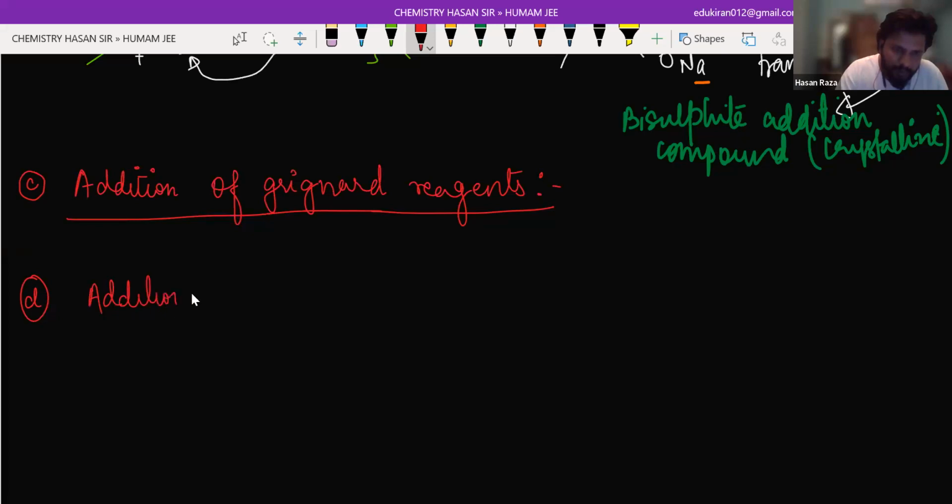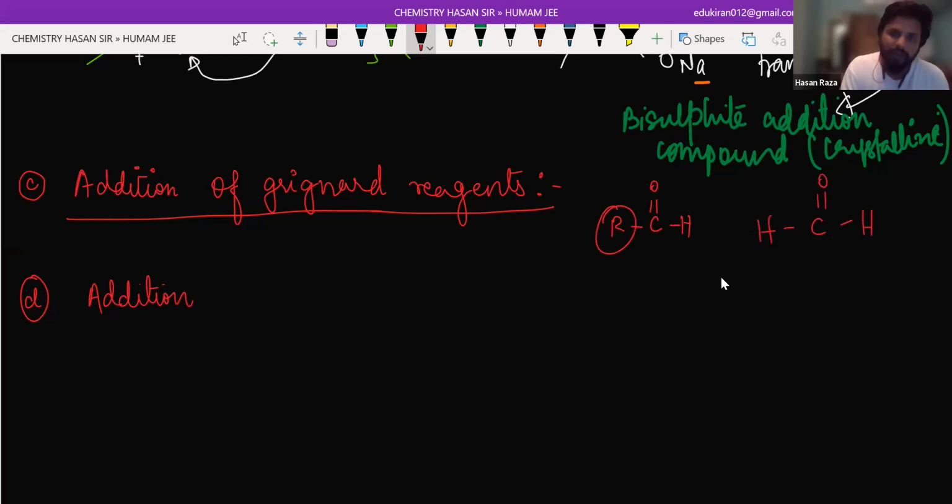You just need to do it the way I'm teaching you, like addition of Grignard reagents. So you have to do it for aldehyde. That means you are going to do it for methanal and other aldehyde. Like you can take one for RCHO, this is other aldehyde, R is alkyl group, that means methyl, ethyl, it can be anything. And one is for HCHO.